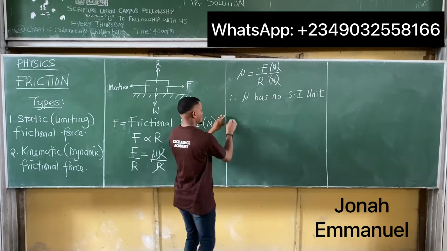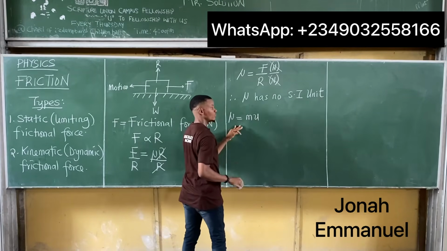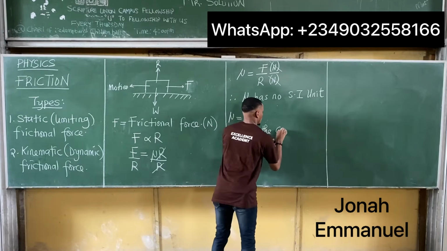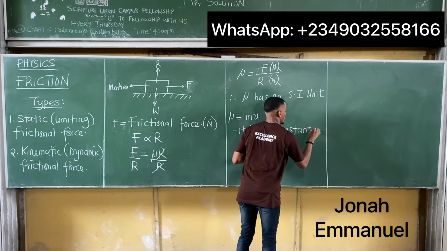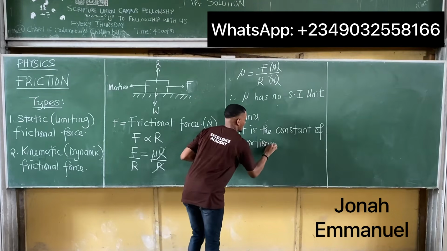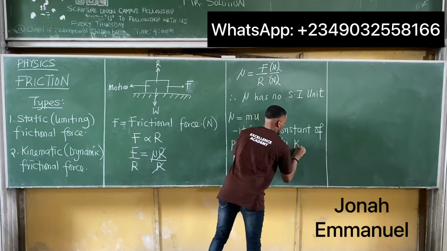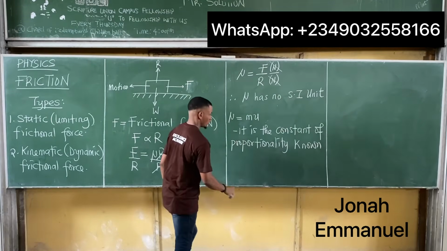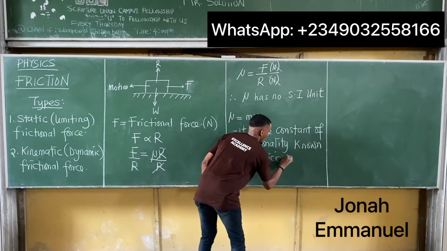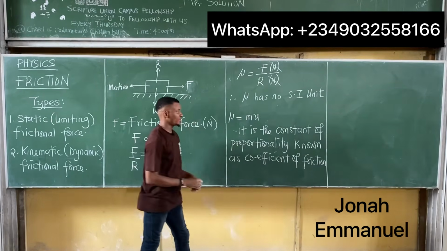This mu is the constant of proportionality known as the coefficient of friction.